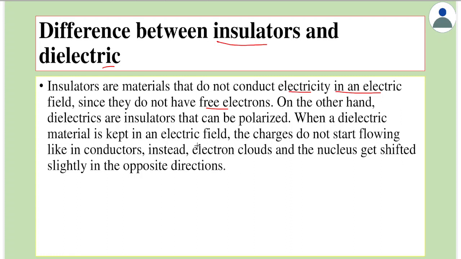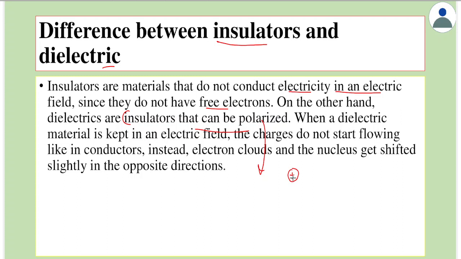On the other hand, dielectrics are insulators that can be polarized, which means we create poles. We will see what this means in a later topic. In some cases, the center of positive and negative charge would coincide.